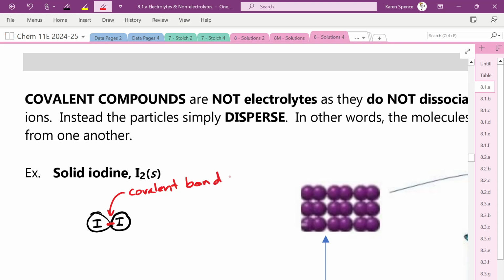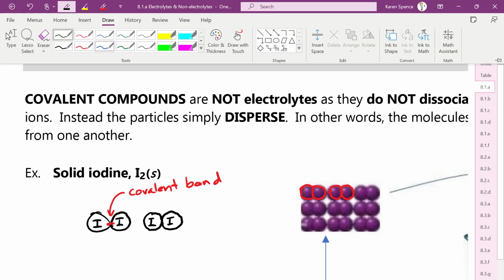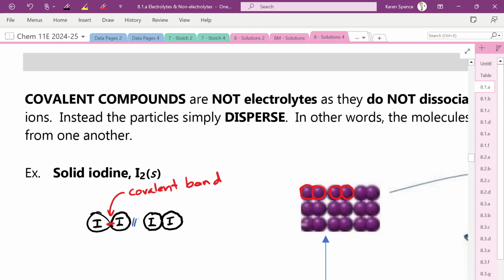And you can see over here, we have a little iodine molecule and another iodine molecule. So I'm just going to draw two of them so we can zoom in. What is going on in between the iodine molecules? What is holding them together as I2 solid?